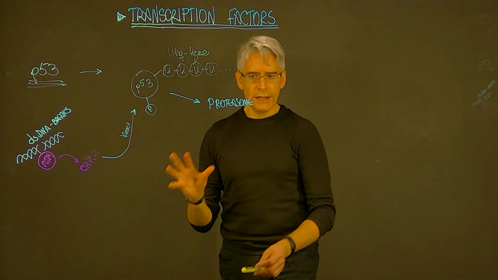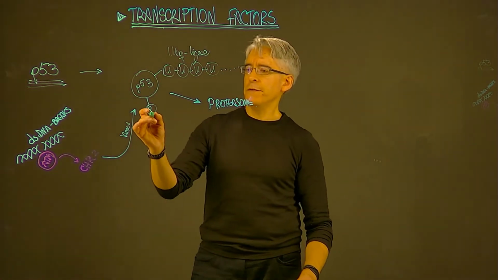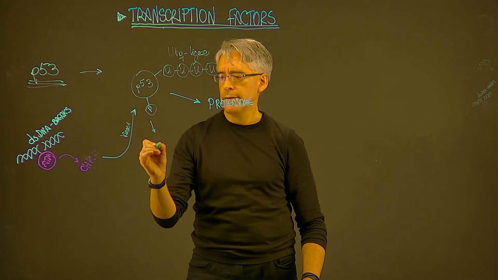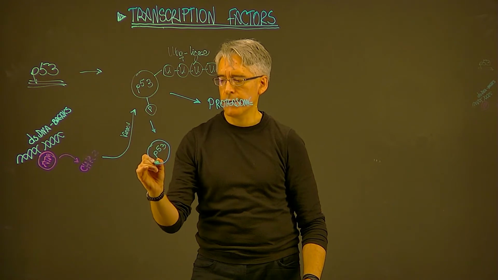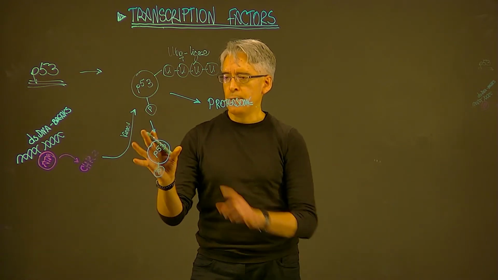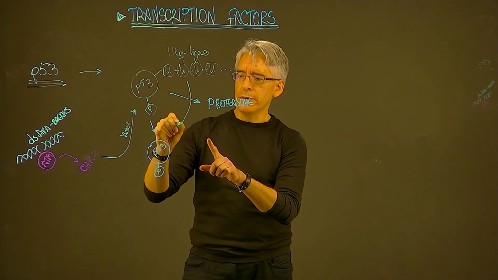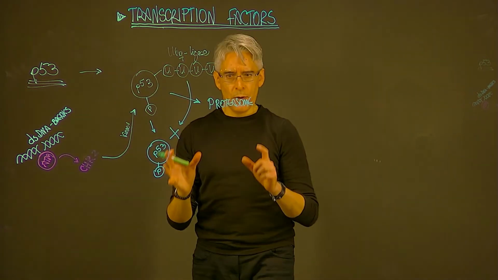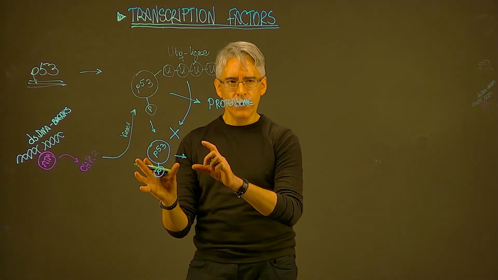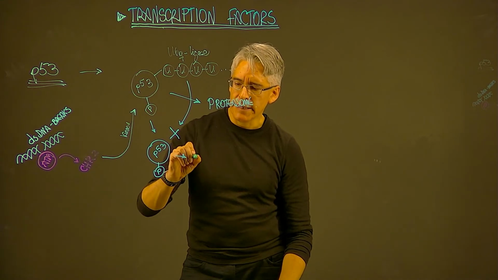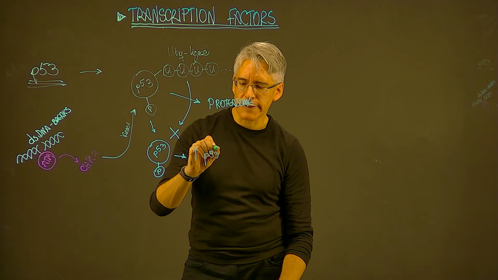And this is a really critical event in the life of p53, because once p53 is phosphorylated, p53 in this form cannot be recognized by the ubiquitin ligase, so it will not be polyubiquitinated. In the absence of polyubiquitination, p53 will become stabilized, and the concentration of p53 will increase within the cell.